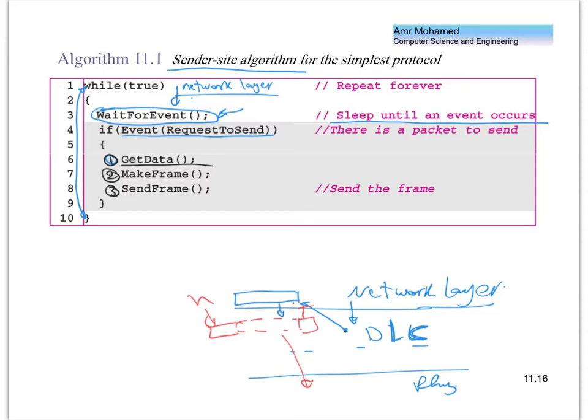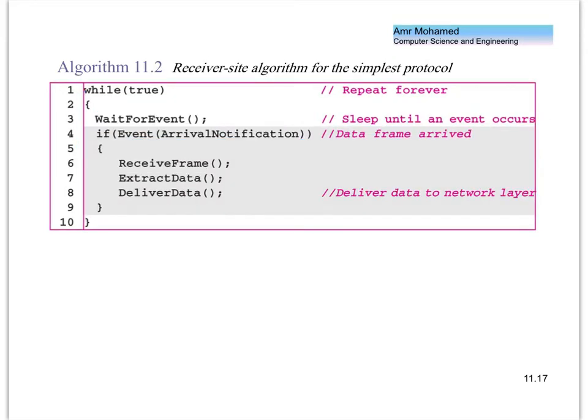Is that clear? So: get the packet, make the frame, send the frame. You don't have to do anything else. You don't have to account for errors or do any special handling here. This is the simplest.